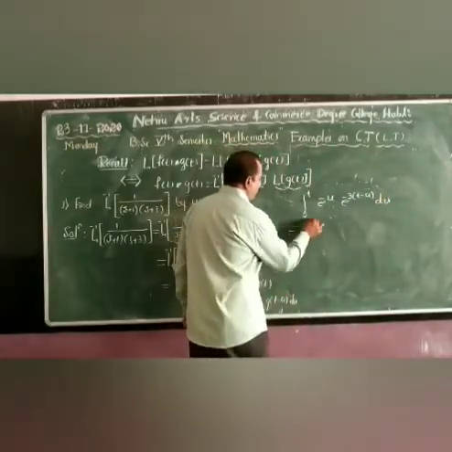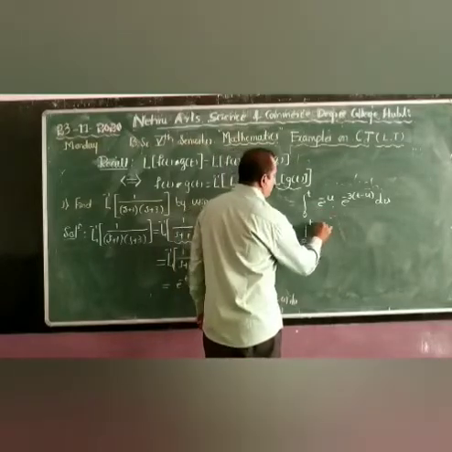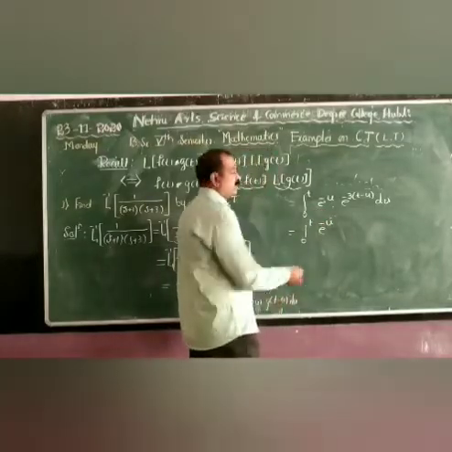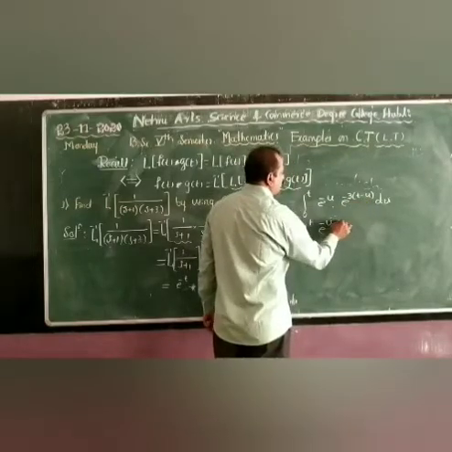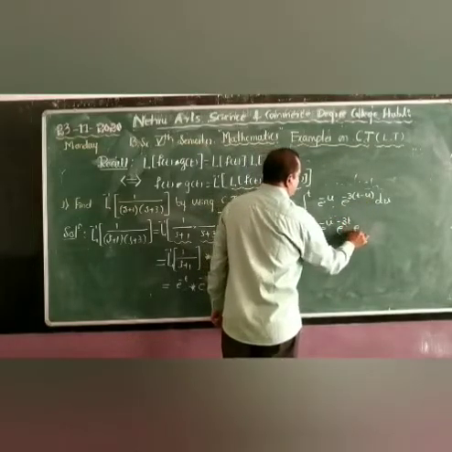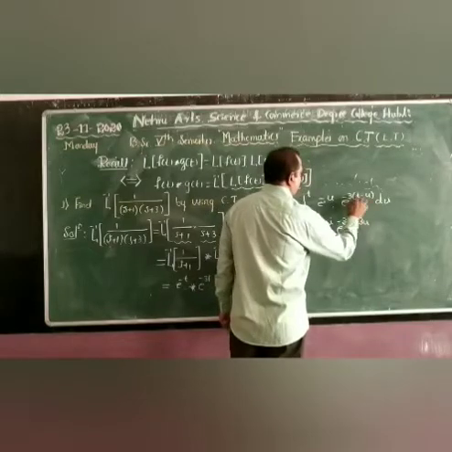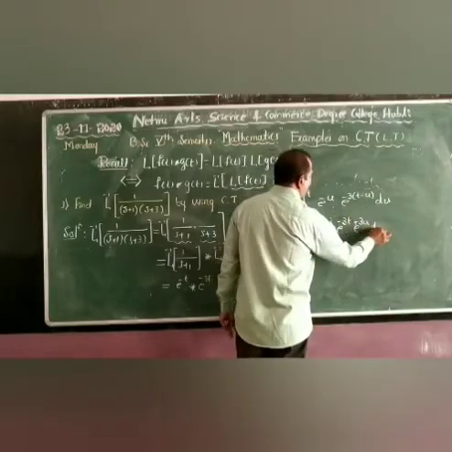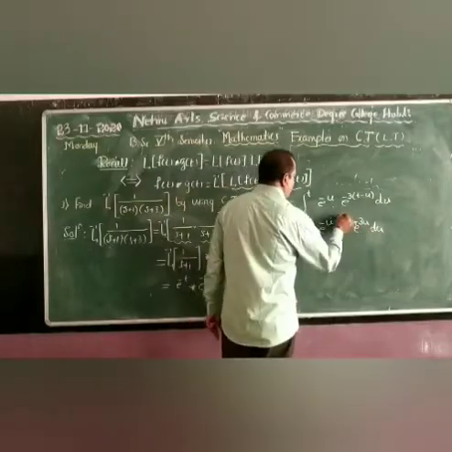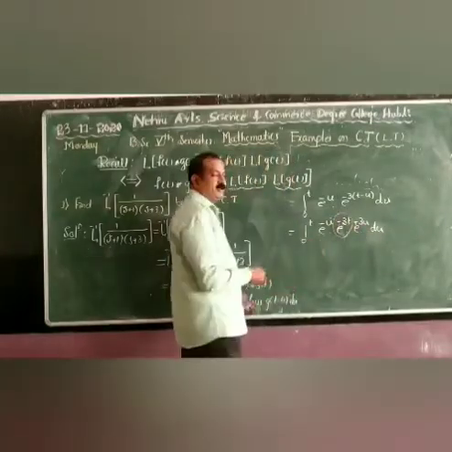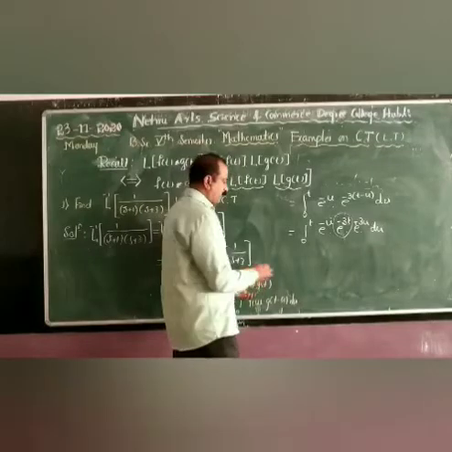So we have integration from 0 to t. Keep the e raised to minus u as it is and multiply the 3 into the bracket. It is e raised to minus 3t into e raised to plus 3u, because minus of minus, du. It is with respect to u, therefore e raised to minus 3t is a constant.